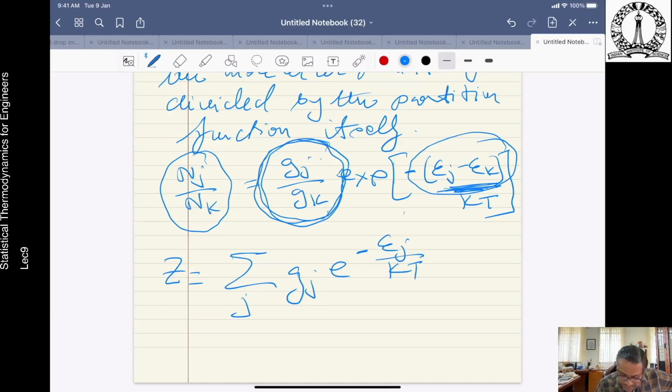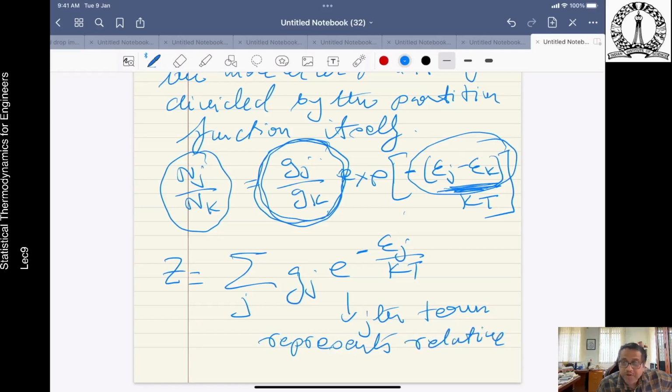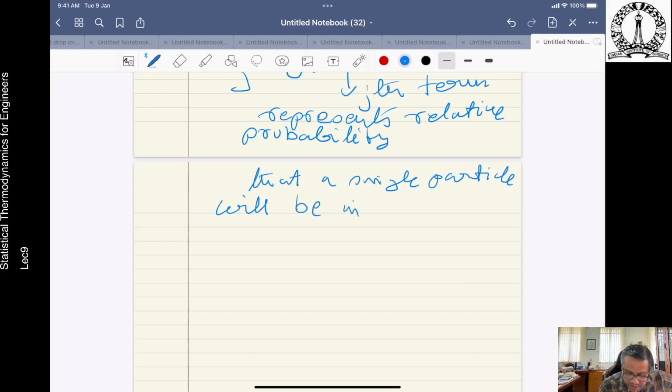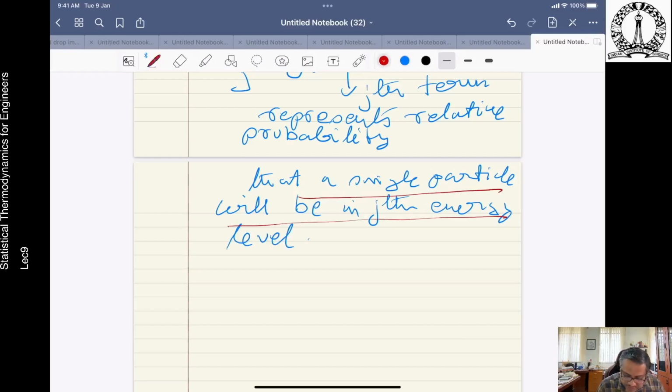If you look at it carefully, what does the jth term of the partition function physically imply? It represents the relative probability that a single particle will be in the jth energy level.